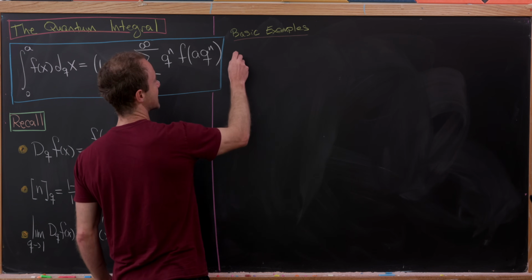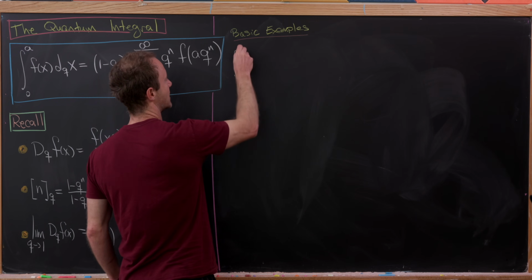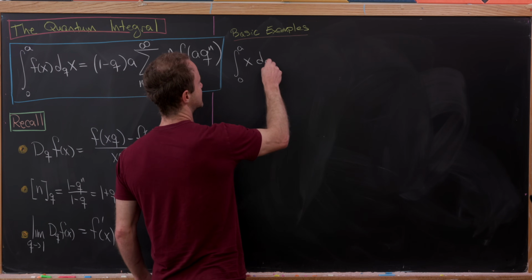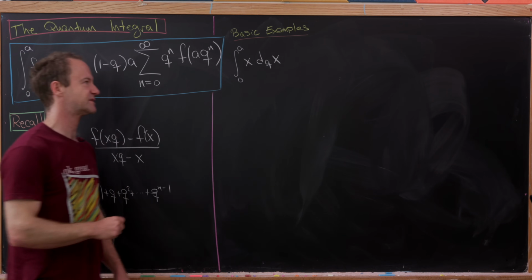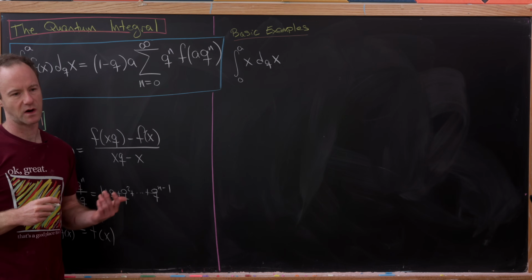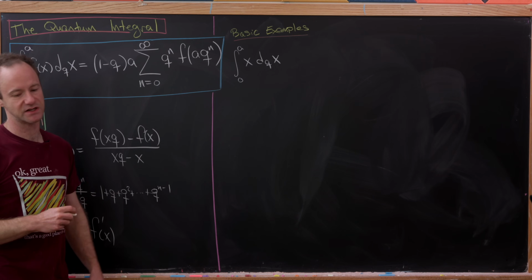And let's start taking the quantum integral of maybe the simplest function we can think of, just the function x. So we've got the quantum integral of x d_q x. I guess you could just take the quantum integral of a constant, I'll leave that to you.